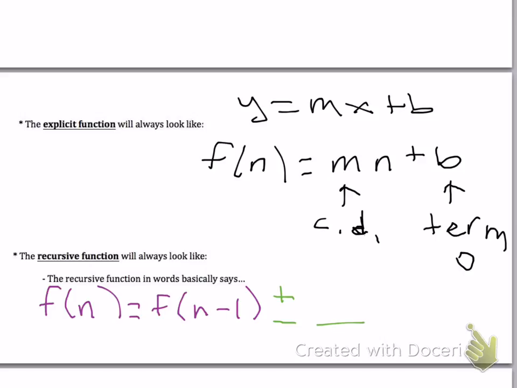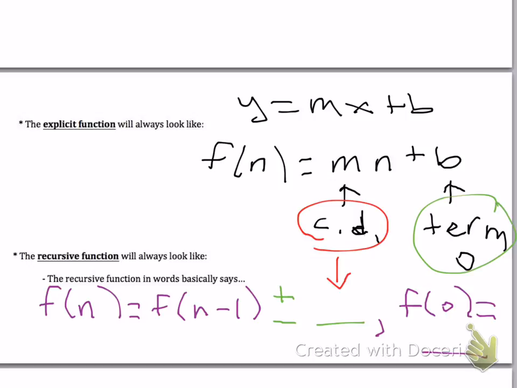So the common difference that you see right here goes right here. Then we also need to include a comma, and then we say f of 0 equals, and then fill in the blank. That's going to come from right here. The term 0 goes right there.